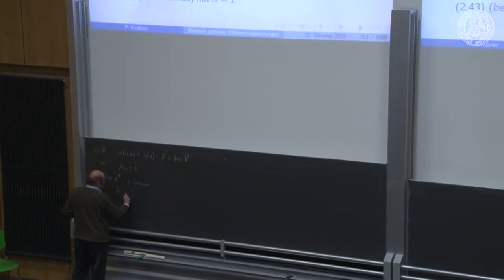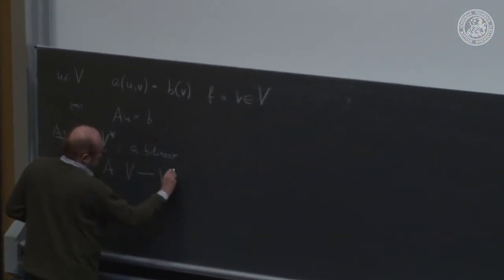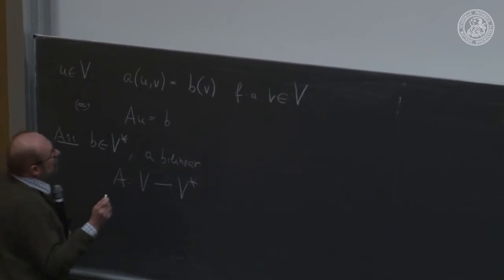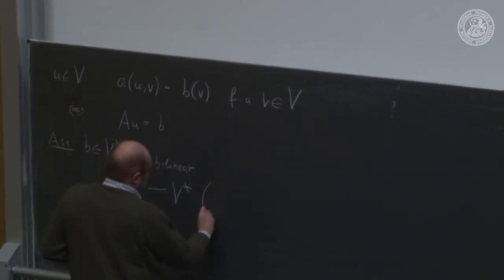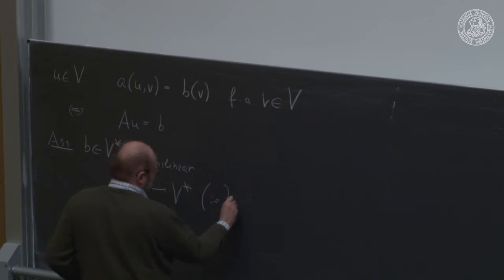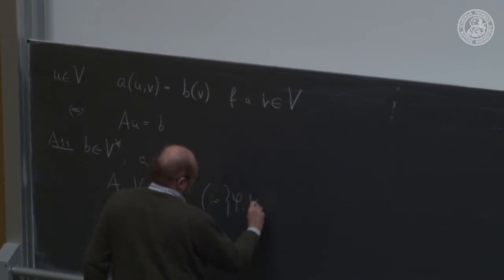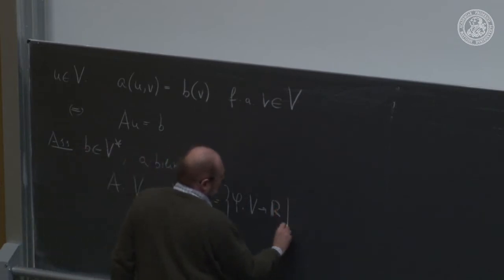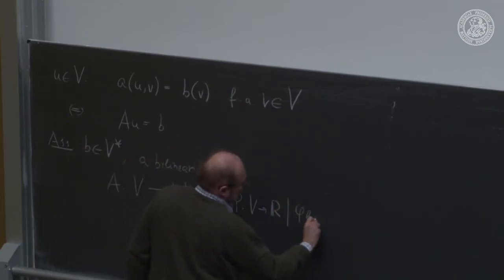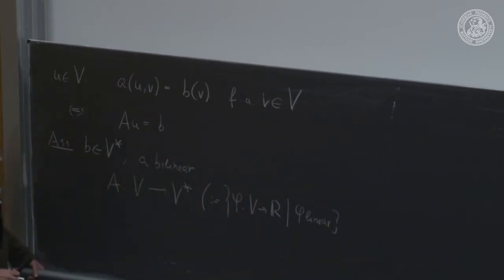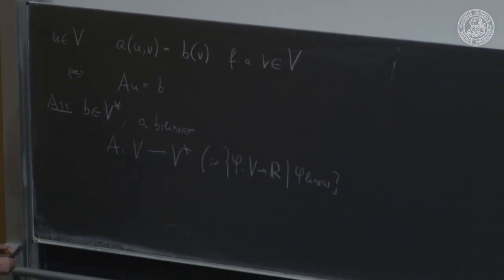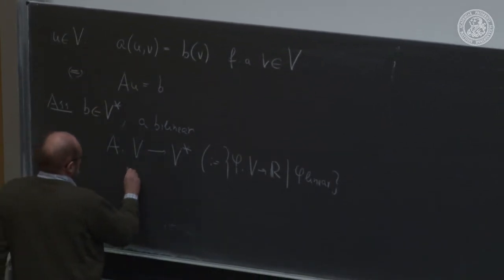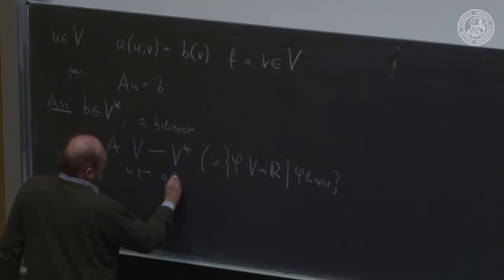At the moment, A is an operator from V into the algebraic dual. So what is the algebraic dual? Again, these are those functionals, those phi going from the vector space to the reals, such that it's a linear functional, as in linear algebra, the algebraic dual. Okay, and the definition is U is mapped to AU, and this is then the argument here.